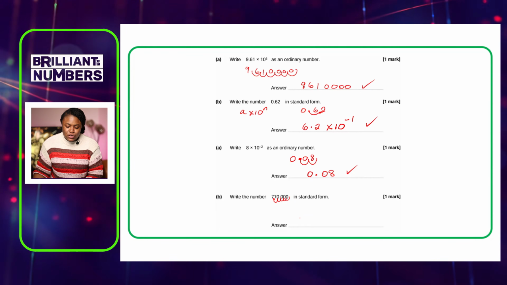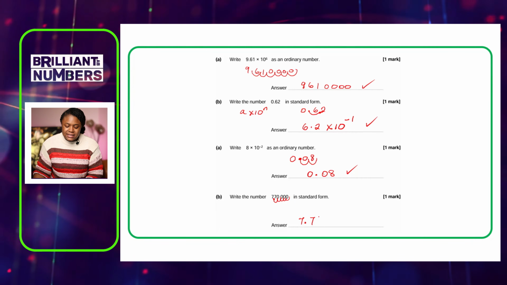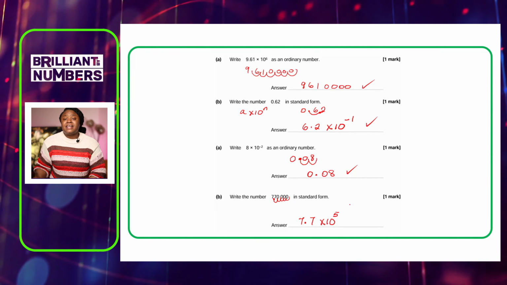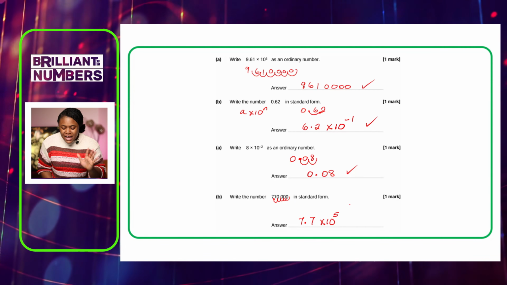So we know it's going to be 7.7 times 10 to the power of 5, and that's because we had to move 5 spaces to get our number to be an acceptable standard form number. So if you see these questions and you've done this, you would have scored your first 4 marks on your paper. Beautiful. So we carry on.